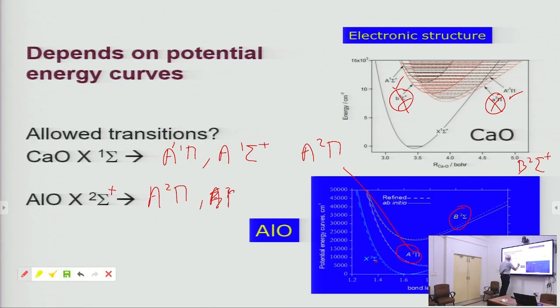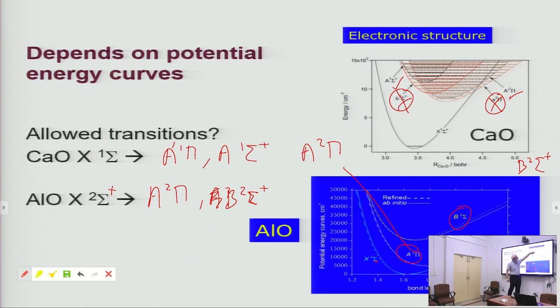Sorry, B doublet sigma plus. So actually, I've taken two pretty much random molecules that happen to be ones we've worked on. But there is something quite common about this. If you have a closed shell, the lowest excited state is always going to be a triplet, because you move one electron out into an empty orbital. And then we had Hund's rules, which we briefly mentioned yesterday, which said if you get a singlet and a triplet, the triplet is always the lower energy. So the lowest transition here is always a forbidden transition.